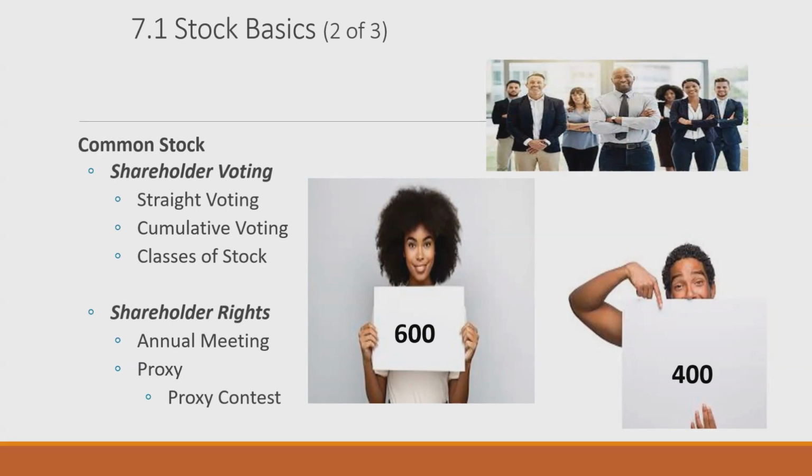As an alternative, with cumulative voting, the total number of votes for all directors is determined by multiplying the number of open spots by the shareholders' number of shares. In this case, with 10 directors up for election, Jonathan would have a total of 4,000 votes, while Donna would have 6,000 votes.